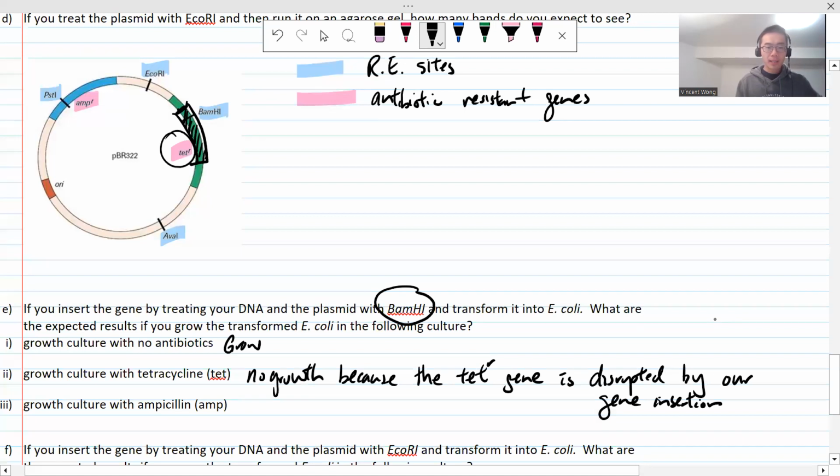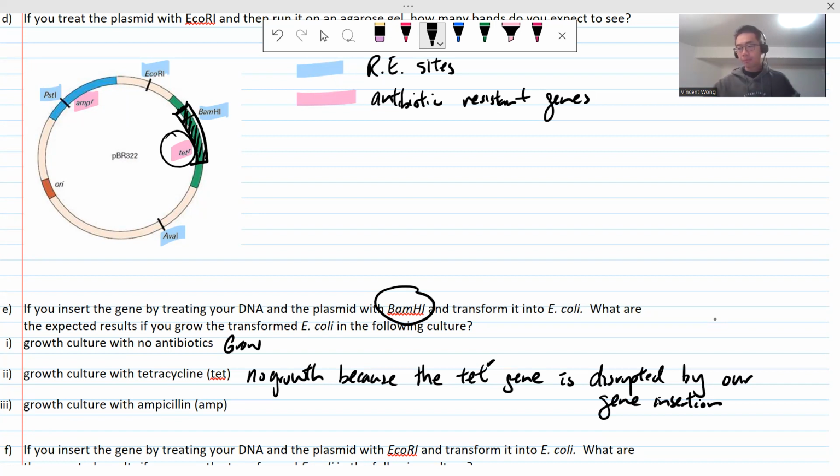What about growing them in cultures with ampicillin? Are they going to survive? Are they going to grow or not grow? Anybody? We are still inserting with BamHI. Will they grow or not grow?